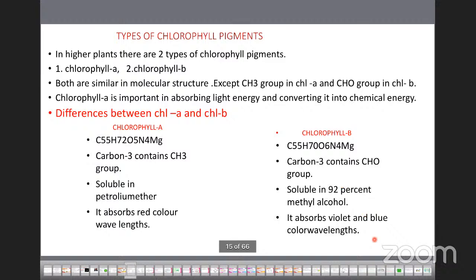We know the wavelengths of these colors of light, red, violet and blue. They are different, with different wavelengths.